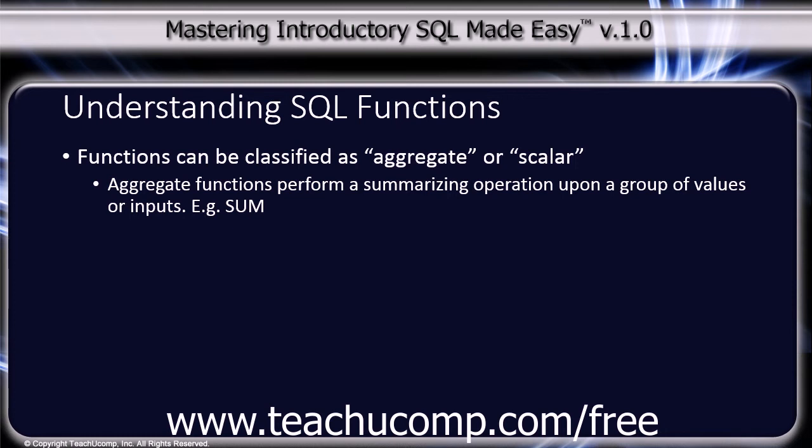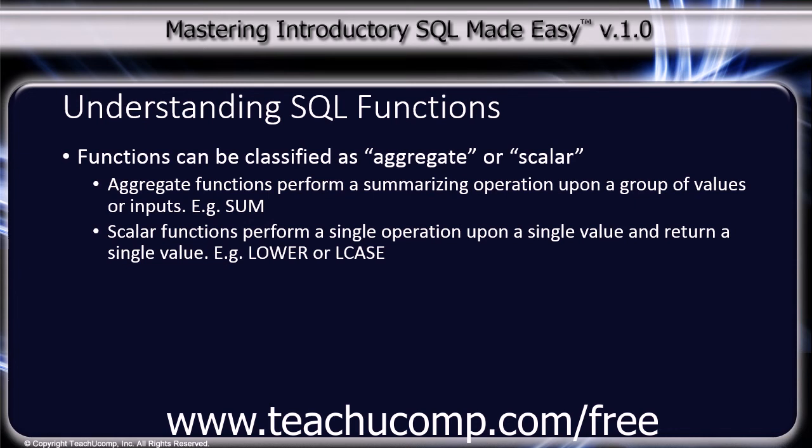In contrast to this, there are also scalar functions. A scalar function is performed upon a single value and returns a single value. For example, the sum function is used to create a summary value from selected values within a field. However, the lower function, called lcase in Access, will simply return a single field value in all lowercase characters.